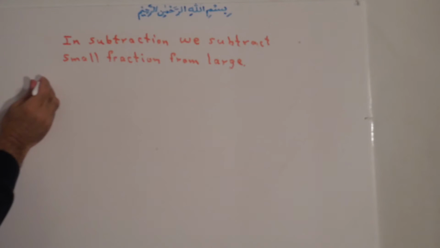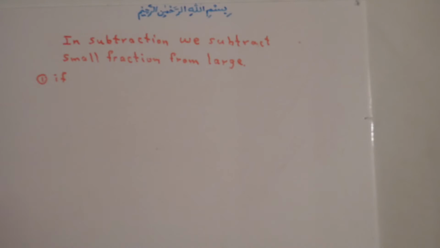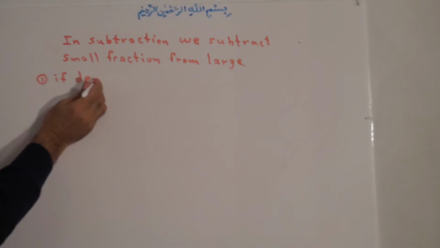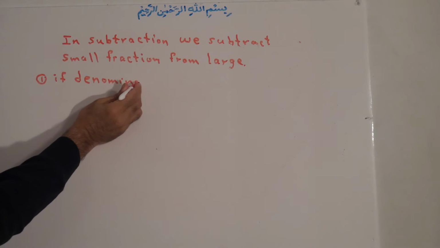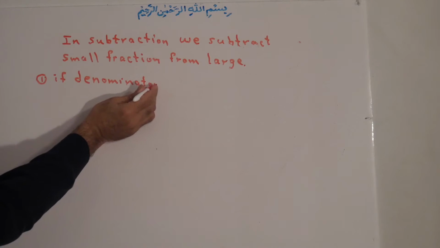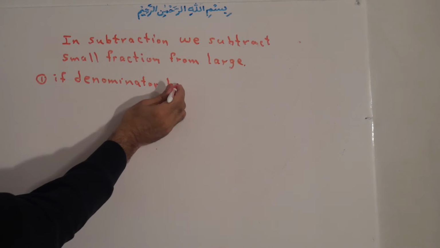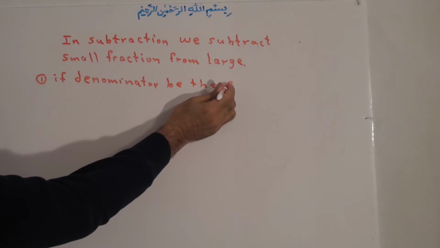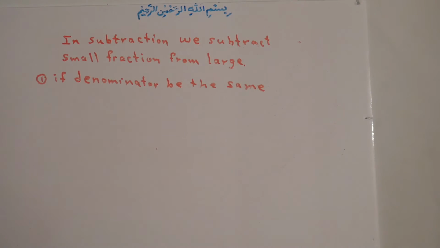Number 1. If denominators are the same, what do we do?